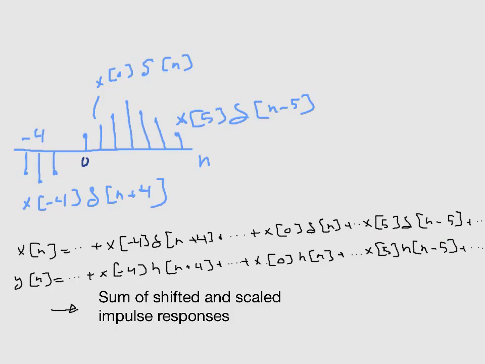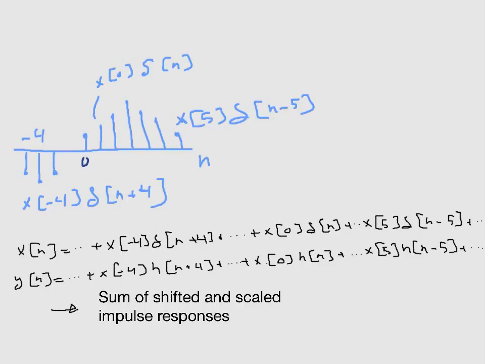Now y[n] is likewise a large sum of values. The scaling factor remains the same, but we just replace delta with h. We then see that we have shifted and scaled impulse responses.